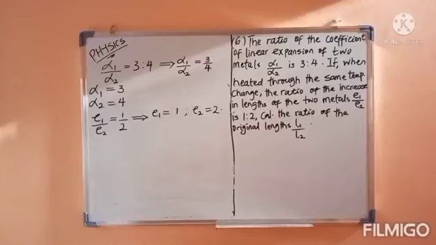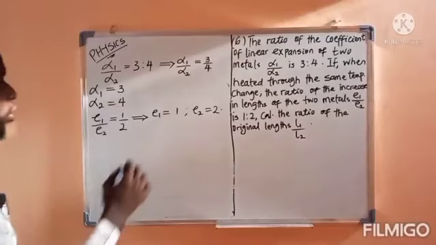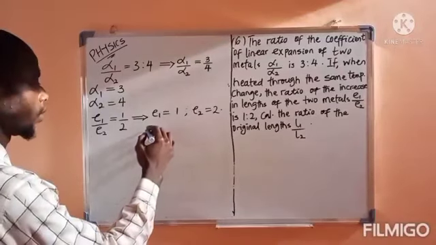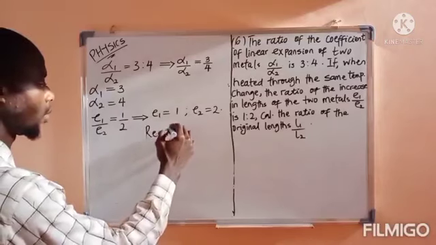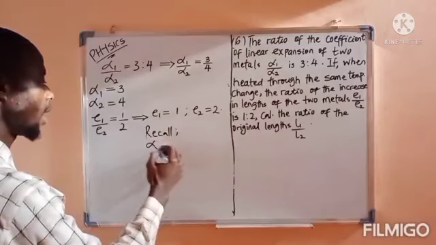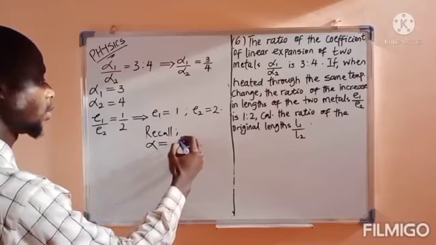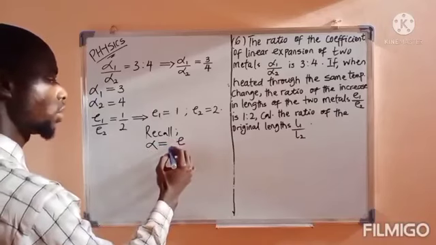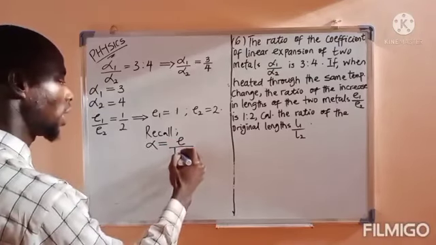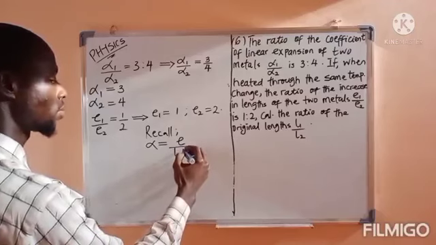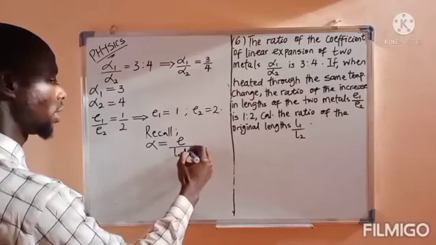If this is done, then you quote your formula. Recall the formula that alpha is equal to extension, which is change in length, all over what? L0, right? Into what? Change in theta.